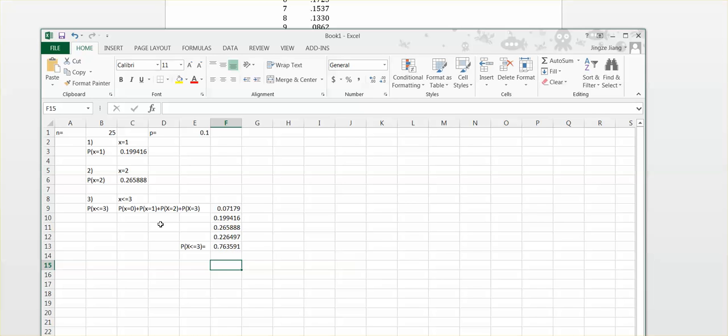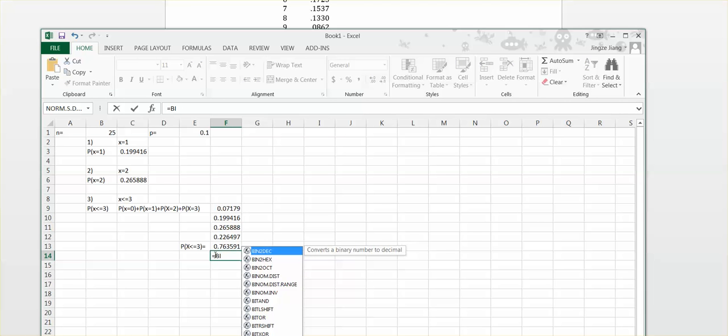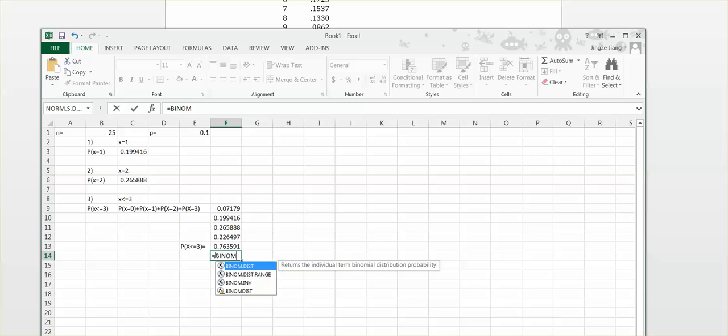As I said, if we look at the probability x smaller than or equal to 3, we can link it to the cumulative distribution. The cumulative distribution we can use is still equal BINOM.DIST and parenthesis, and we need the upper boundary for the value of x.